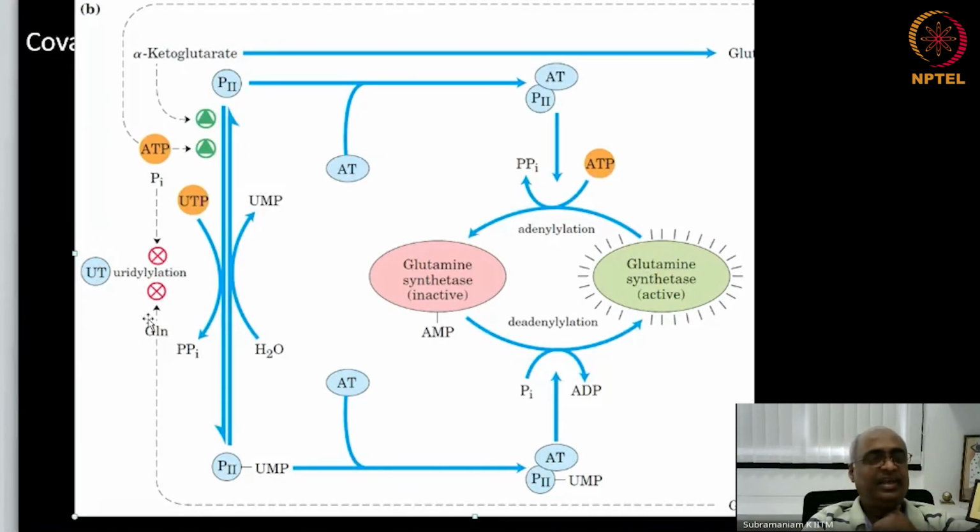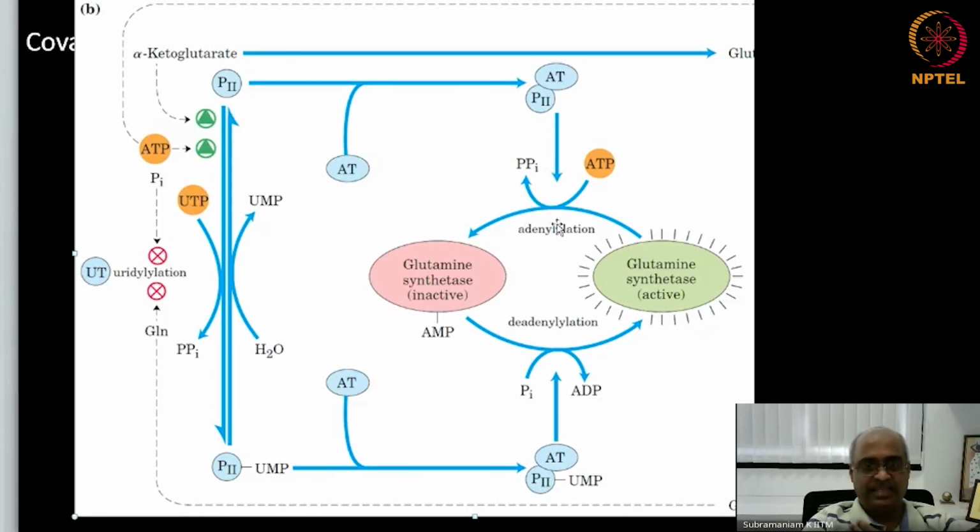Similarly, if you have inorganic phosphate, meaning ATP is not available and most of it is in hydrolyzed form, that also inhibits it. But on the other hand, if you have a lot of ATP and a lot of this keto acid available, then you can go ahead and make more glutamine, and they are going to promote the deuridylated form.